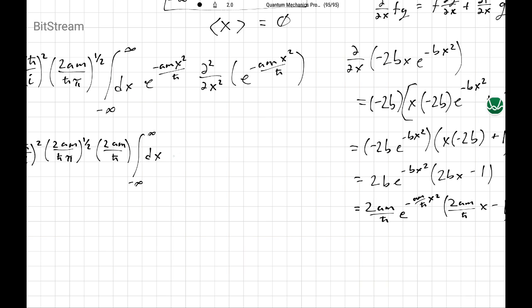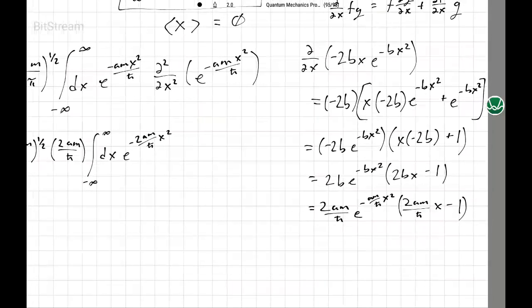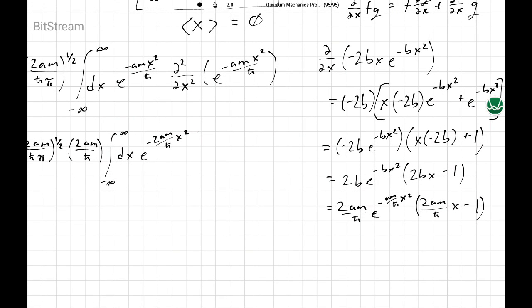Okay, those are all the constants we can pull out of that. And then I have dx. Now we have e to the negative 2am over h bar x squared. And we have, so we're replacing this.